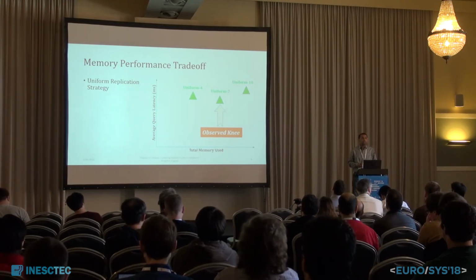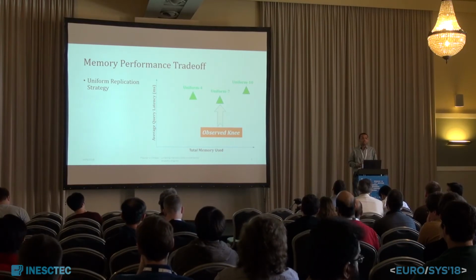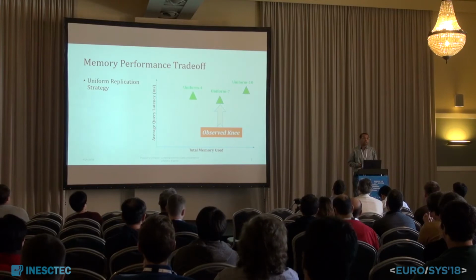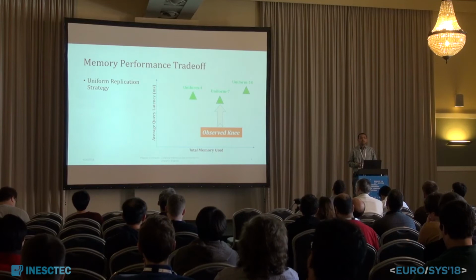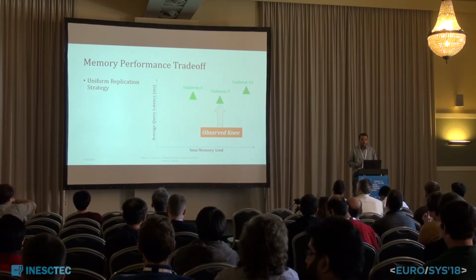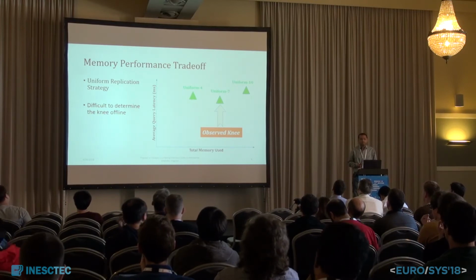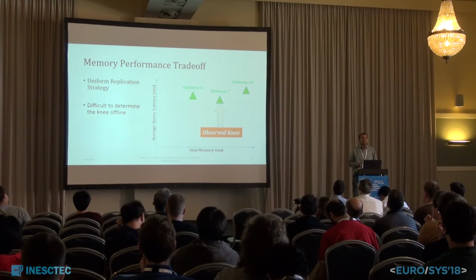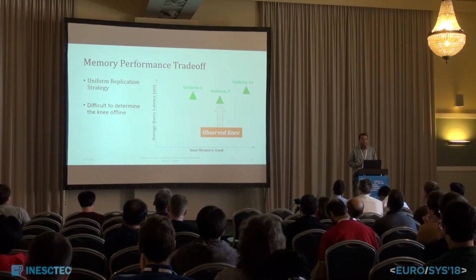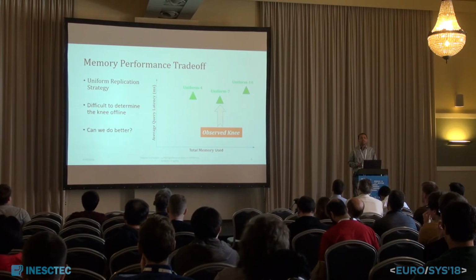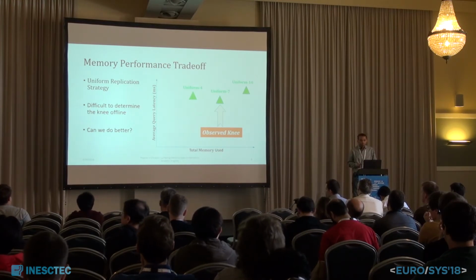The query performance does not improve as replication grows because over-replication often leads to query hotspots due to data co-location. We have 2 further observations. Finding the right point of the knee depends on the query input rate and the cluster size. As a result, it is very hard to determine it offline intuitively. Lastly, we also ask the question: can we do any better in reducing memory?